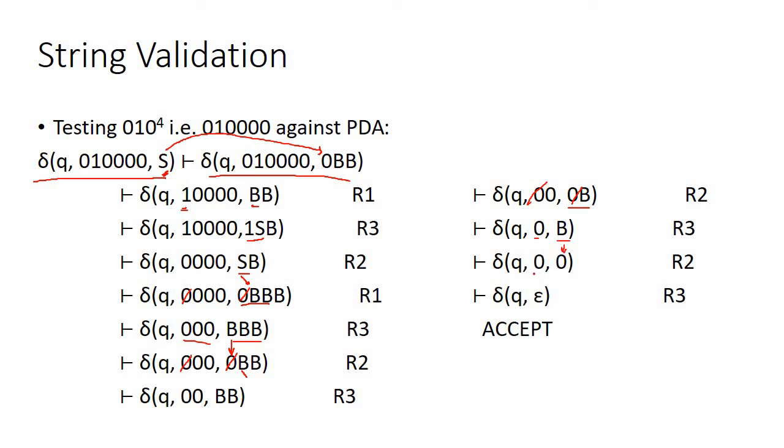Finally we are having 0 in the input string as well as 0 on the stack top, so both can be cancelled with the help of popping, and in the last we are having epsilon. So we reach epsilon, which means we have eliminated the stack. The string is fully consumed, and the stack is empty. This epsilon is saying that the stack is empty.